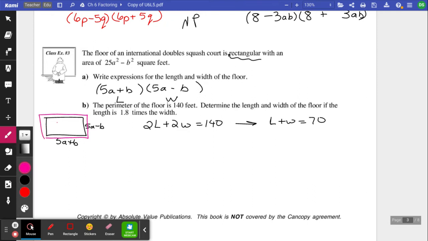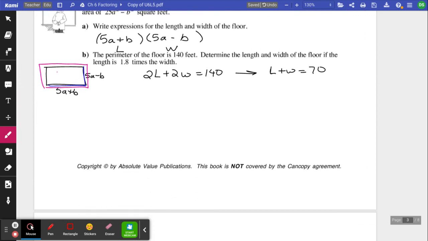But if I just go halfway around, like here to here, that's a length and 1 width, and I just would cover 70. Agreed? That would be easier. Okay, so what is my L? 5A plus B. And I'm going to add, what's my width? 5A minus B, and I'm supposed to get 70 out of the deal.